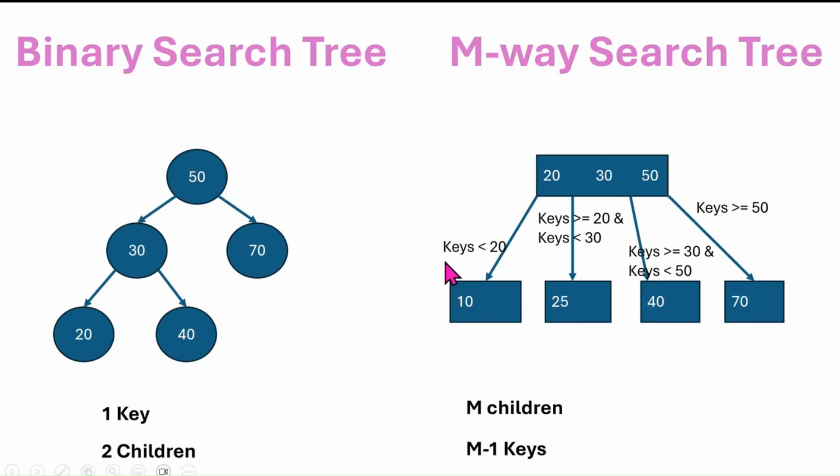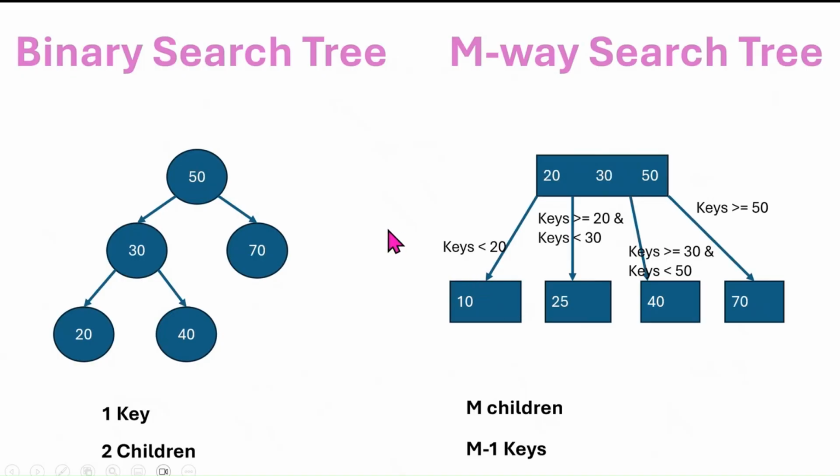The first child contains the keys which are less than 20. The second child contains keys which are greater than or equal to key 1 and less than key 2. The third child pointer is for keys greater than or equal to the second key and less than the third key. And the last child contains all the keys which are greater than or equal to the last key. So this is called an M-way search tree.